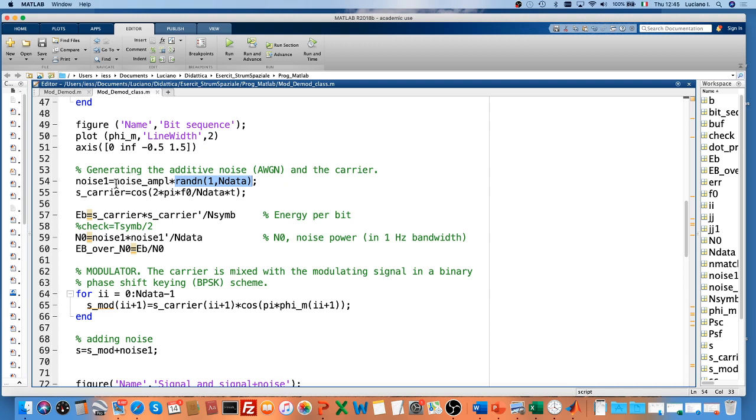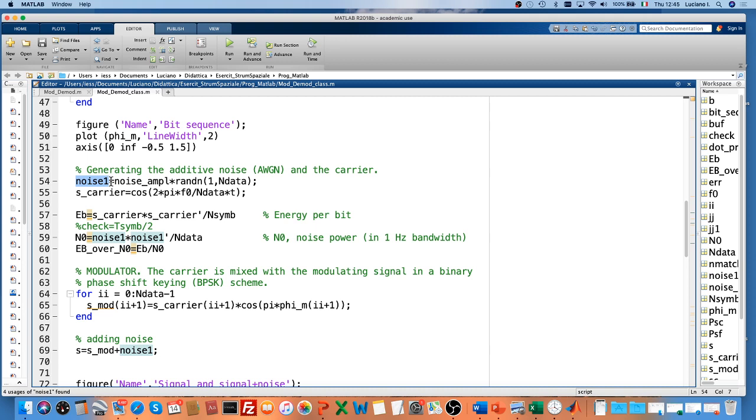If I multiply this random number with unit variance by the noise amplitude, I obtain a sequence noise 1 here, which has a variance equal to, in this case, 2, equal to noise amplitude.